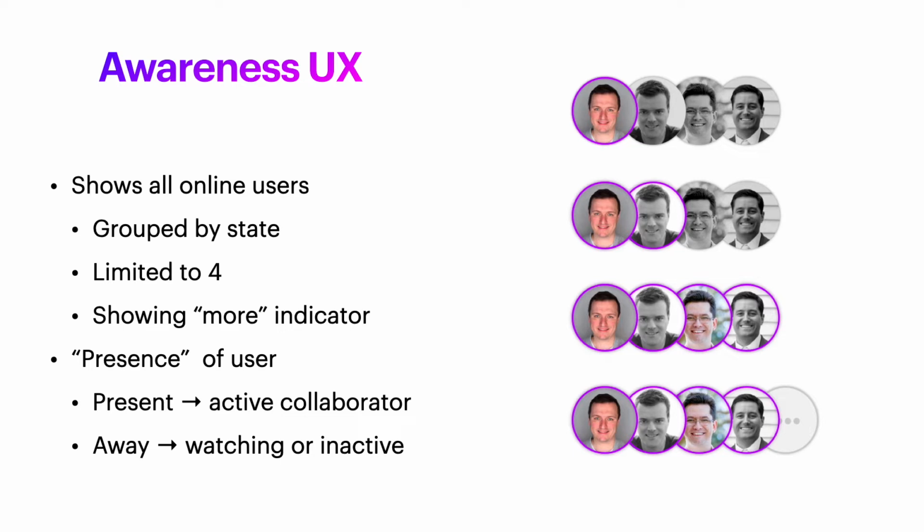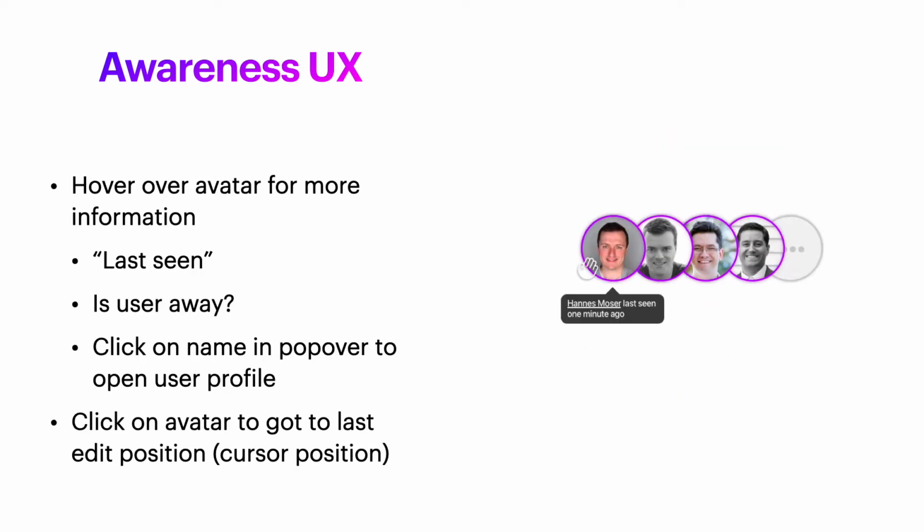Cool. So let's have a closer look at the actual awareness UI. What you get when you hover over an avatar image is the name of the user you're collaborating with and when they were last active, represented by a human readable date.